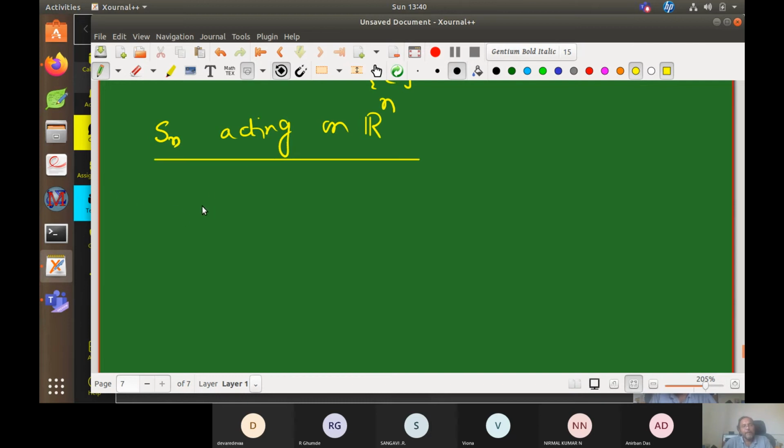So let us take the full cycle. The full cycle means 1 goes to 2, 2 goes to 3, and so on, n minus 1 goes to n, and n goes to 1.